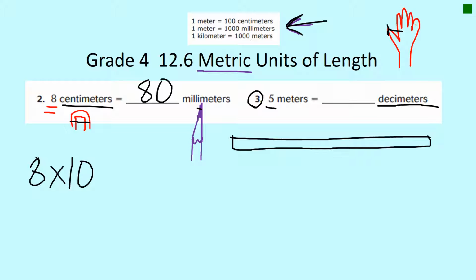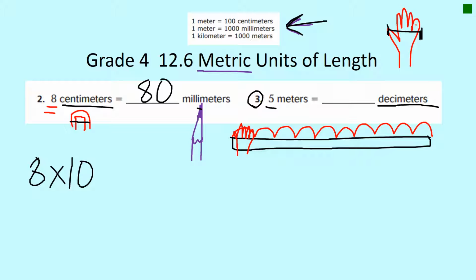From here to here is about a decimeter. Okay, so you would be able to put 10 of your hands across a meter. 1, 2, 3, 4, 5, 6, 7, 8, 9, 10. Well, that was pretty close. So each one of those jumps is going to be one of your hands.